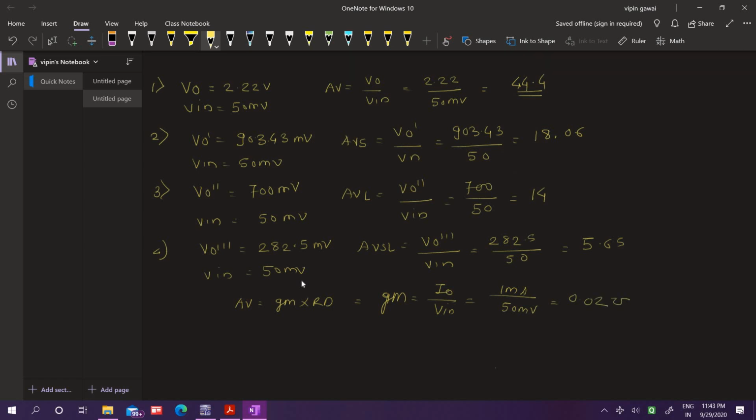If you multiply 0.02 into RD, which is 0.02 into 2.2 into 10 raised to power 3, this will become 44. So our theoretical AV is equal to 44, which again matches with our practical value. So this is the AV calculation.